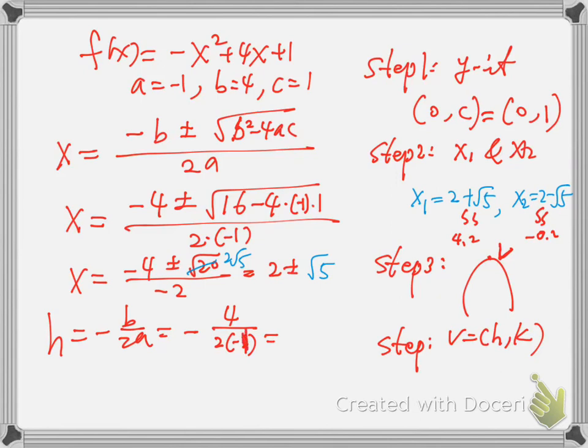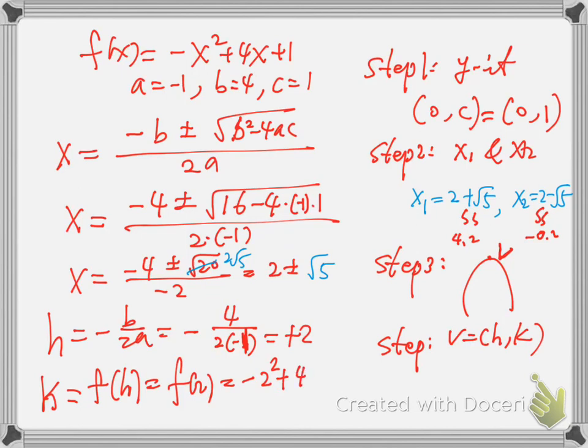So 4 divided by 2 is positive 2. And then k is f of h, so this is f of 2. f of 2 is negative 2 squared plus 4 times 2 plus 1, this is 5. So V is 2, 5.